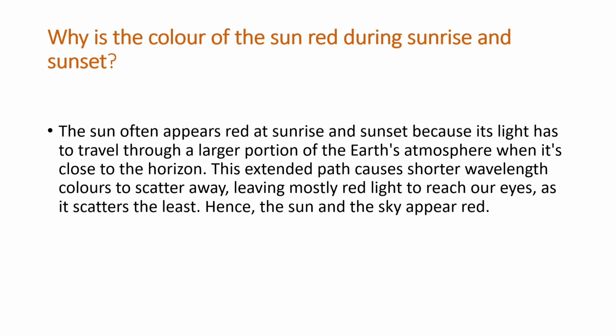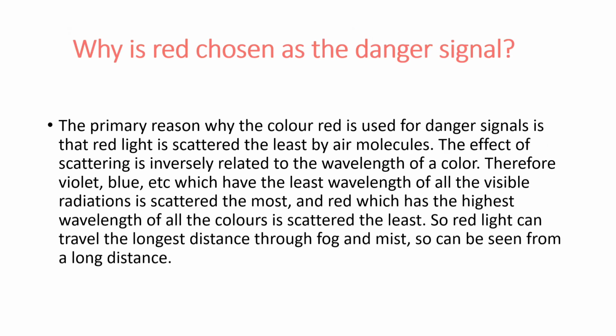Next we are going to see why red is chosen as a danger signal. The primary reason is that red is scattered the least by air molecules as it has the longer wavelength. The effect of scattering is inversely related to the wavelength of the color.